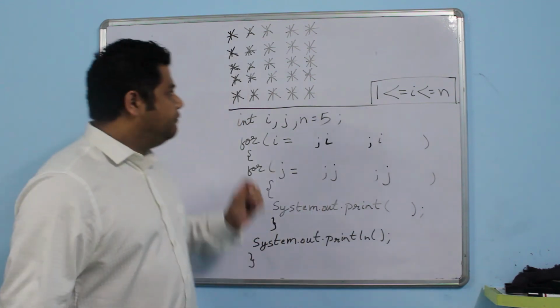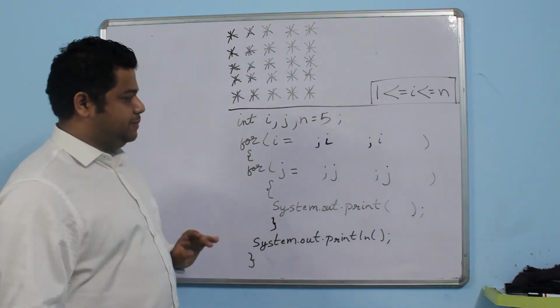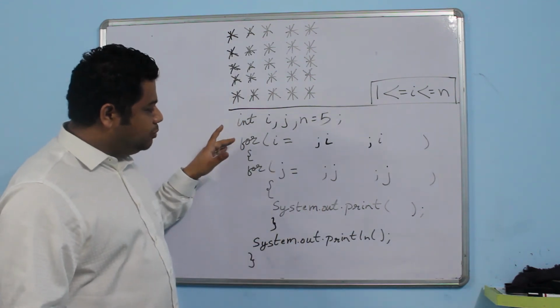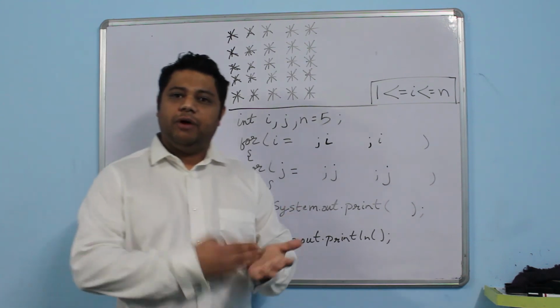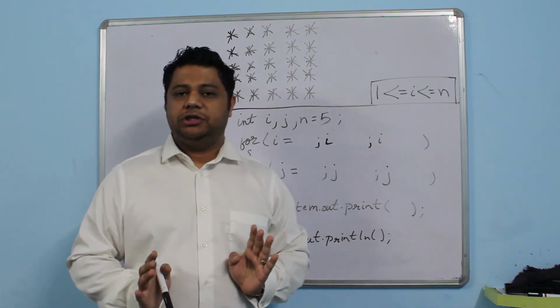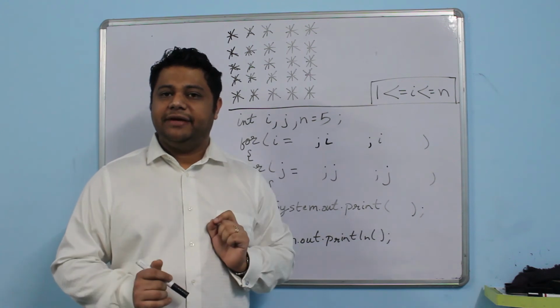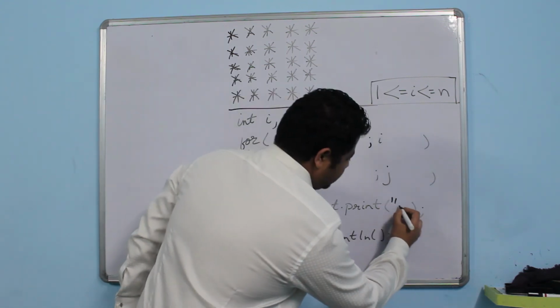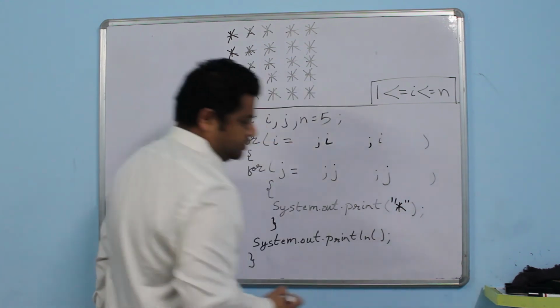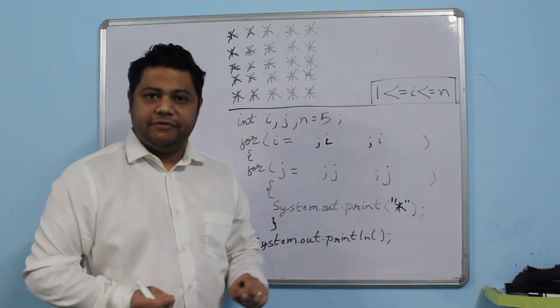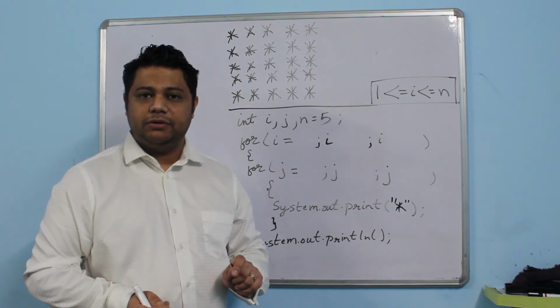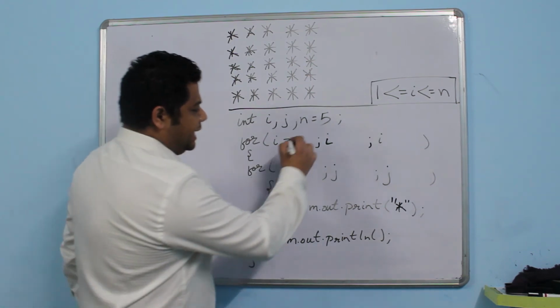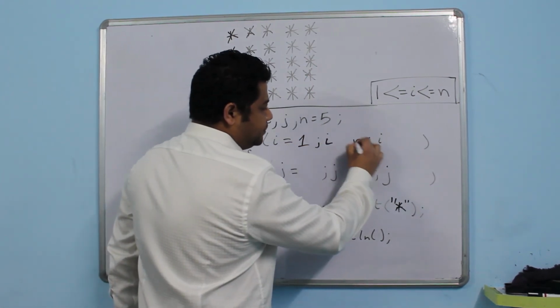Now moving on, whenever there is something like others to be displayed, the loop I and j can be either 1 to n, n to 1, both is going to be correct. So that makes the program very easy. So first display will be asterisk inside double quotes. I have already explained that because it's not a variable, that's why we are putting it inside the double quotes. Now I and j we can write from 1 till n.